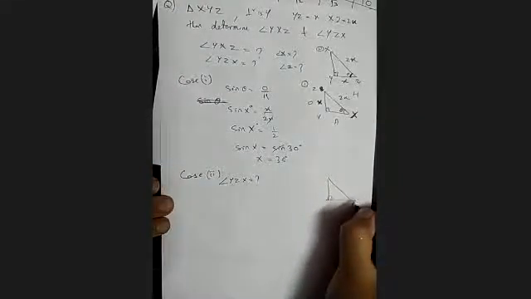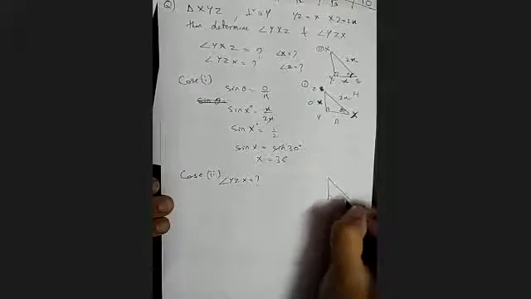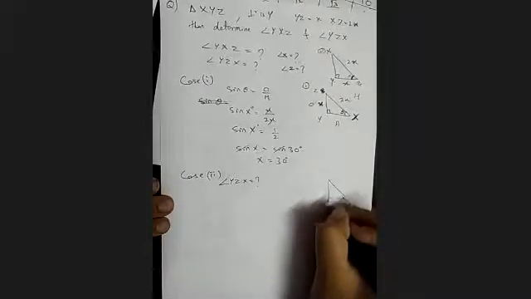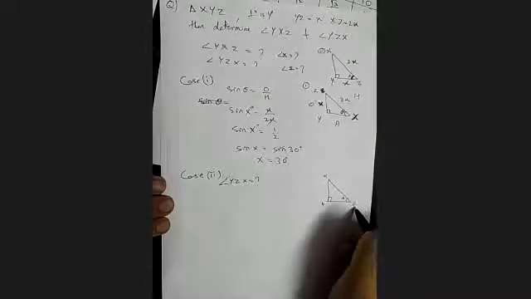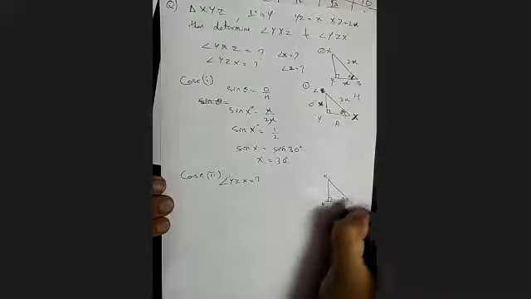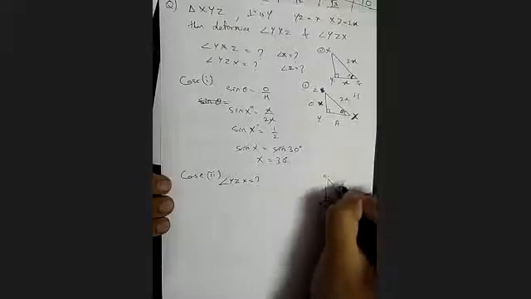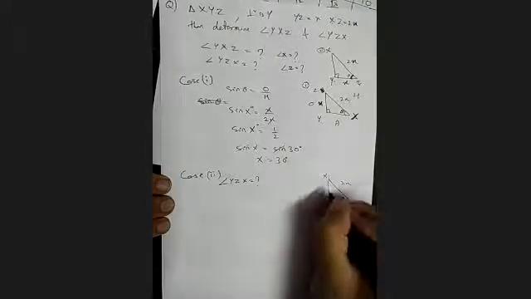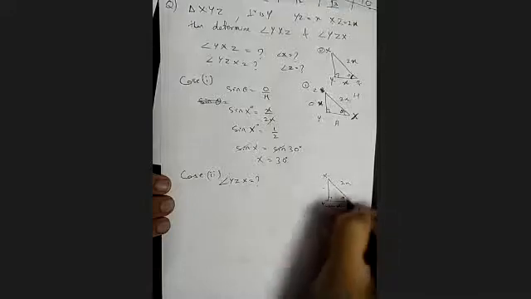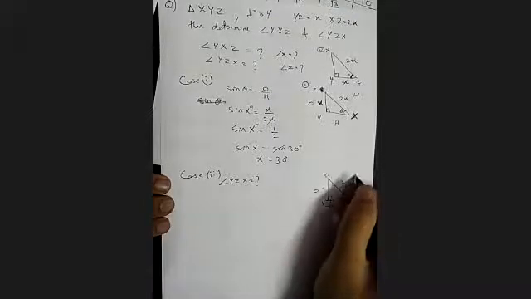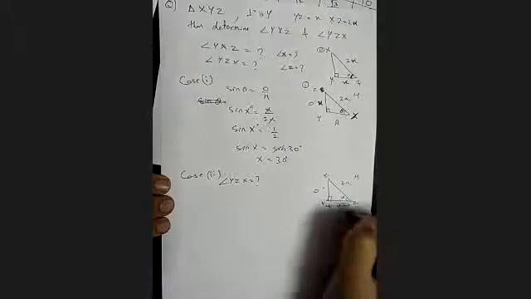In this triangle, theta is at Z. Right angle is at Y. YZ is x. XZ is 2x. Our opposite is YX. Our hypotenuse is 2x. Our adjacent is x.